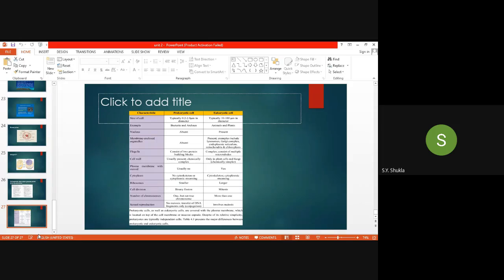Examples of the prokaryotes, in the last lecture also I explained: bacteria and the archaea. Very important, bacteria means what? Eubacteria means the true bacteria, which show the properties of the prokaryotic cell, that is, a nucleus is present. But which type of nucleus is present in them? It is a primitive type of nucleus.